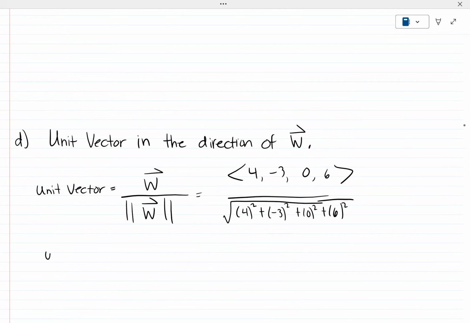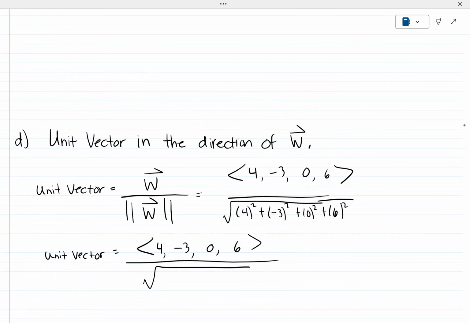Our unit vector is going to be 4, -3, 0, and 6, and then on the bottom, it's going to be the square root. What's 4 squared plus -3 squared plus 0 squared plus 6 squared? That is square root of 61.